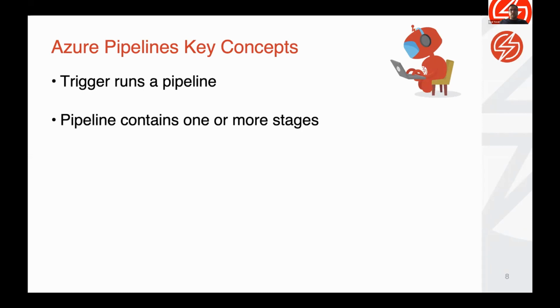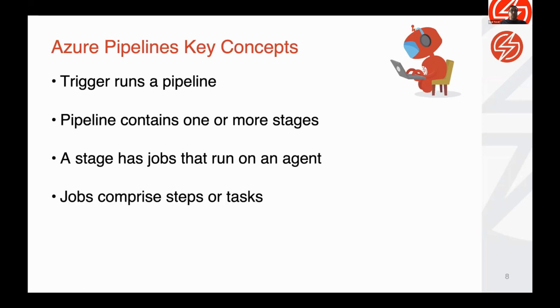So pipelines contain one or more stages. In my pipeline, it includes only one stage, and the stage is a job that runs on an agent. So there are jobs that run on the agent, on the image, on the virtual machines, and the stage and the job comprise steps or tasks.